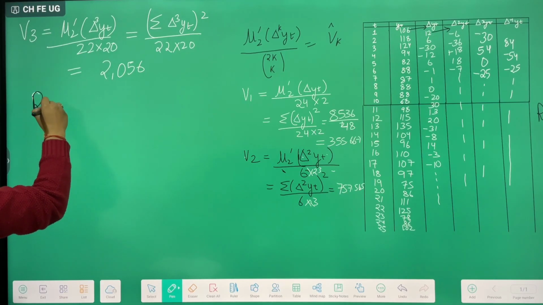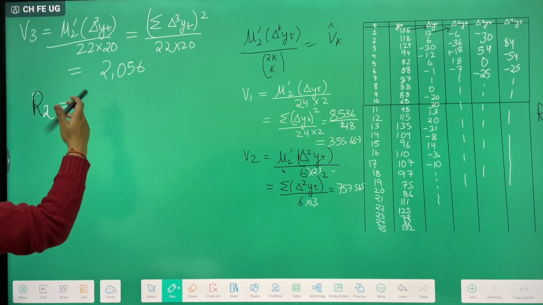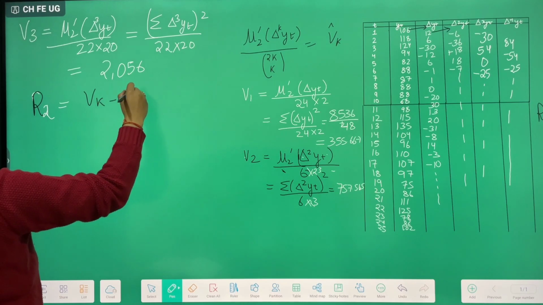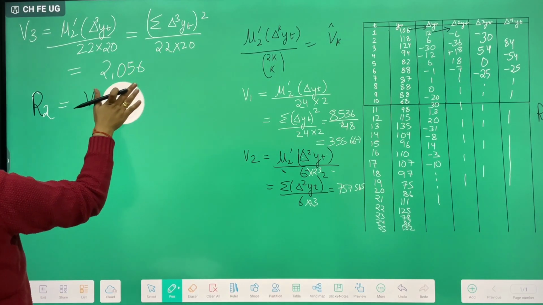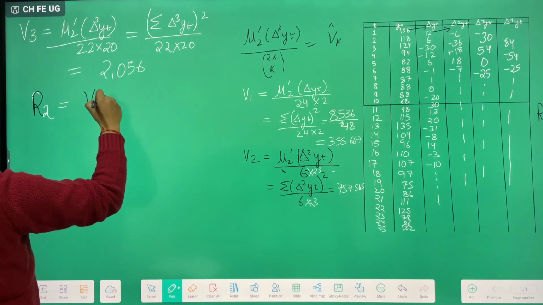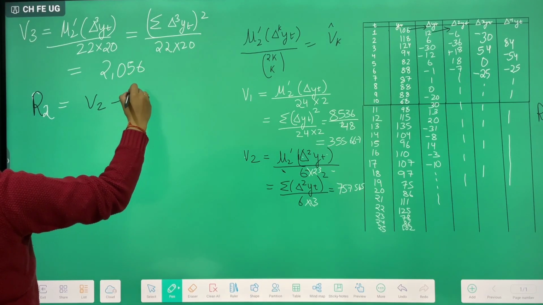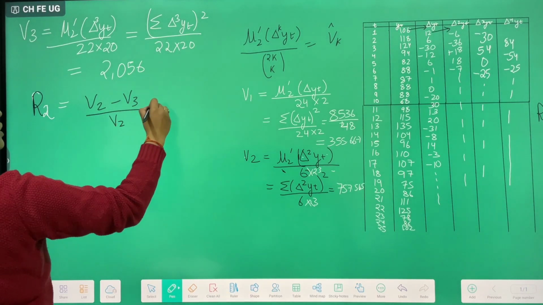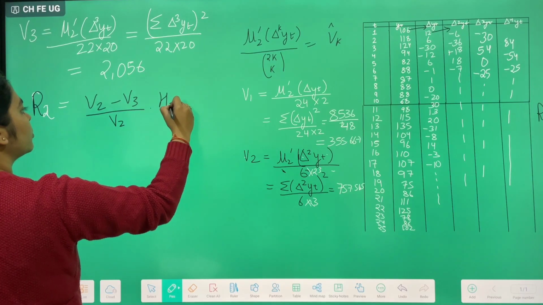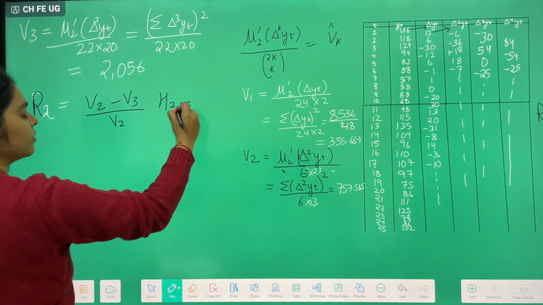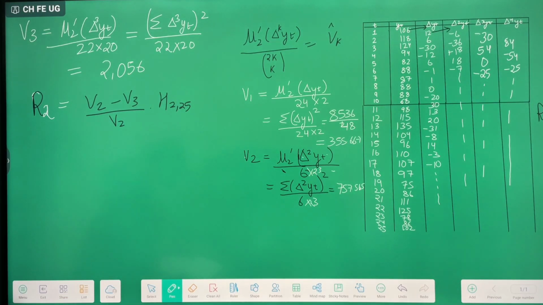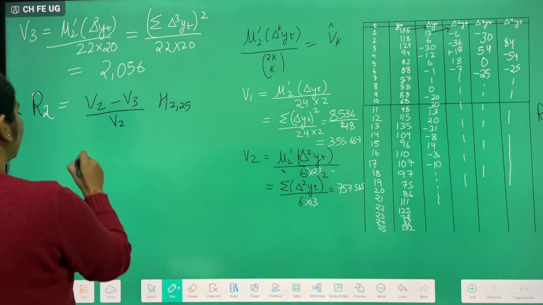Now we'll calculate Rk again, or R2. Simply we can write R2 is (Vk minus Vk plus 1), or I'm writing, (V2 minus V3) upon V2 into H2,25. So H2,25 has been given as 11.499.